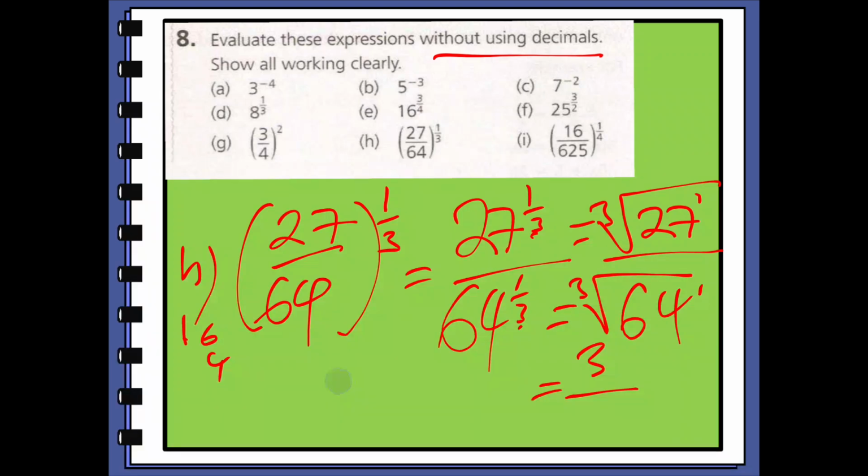Okay, 4 carry 2. 4 times 1, 4, 5, 6. So it is 4. When you multiply 4 three times, it gives you 64. So it's 3 over 4. Our answer for H is 3 over 4.